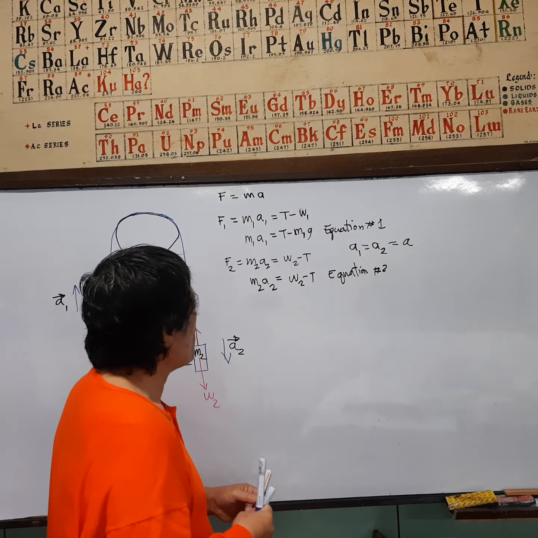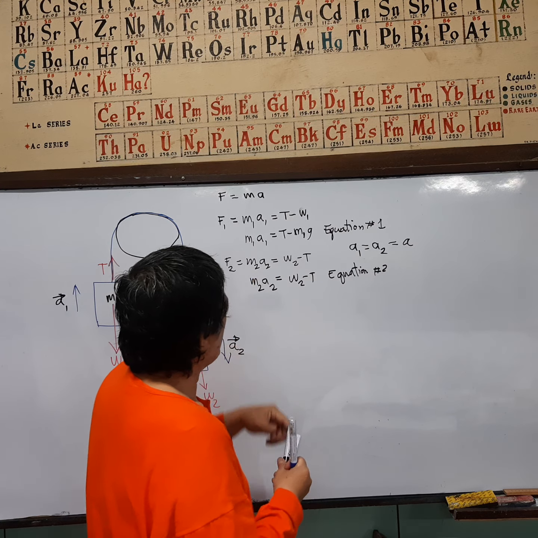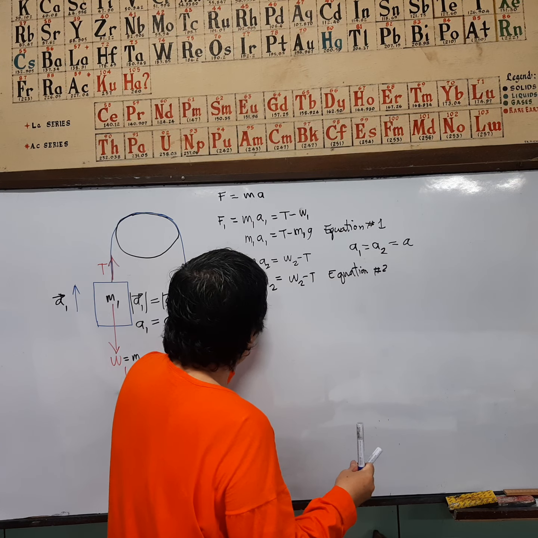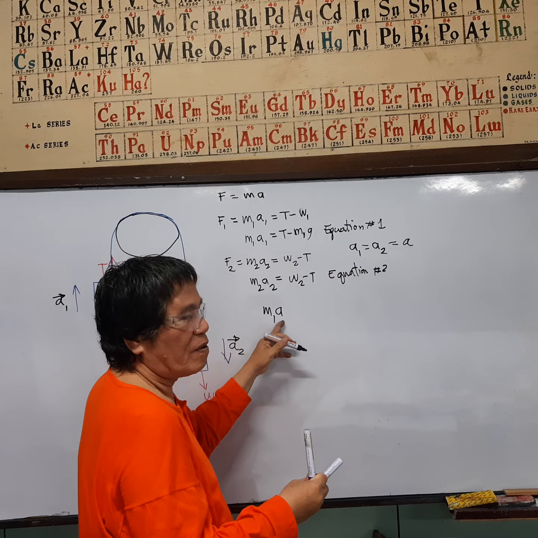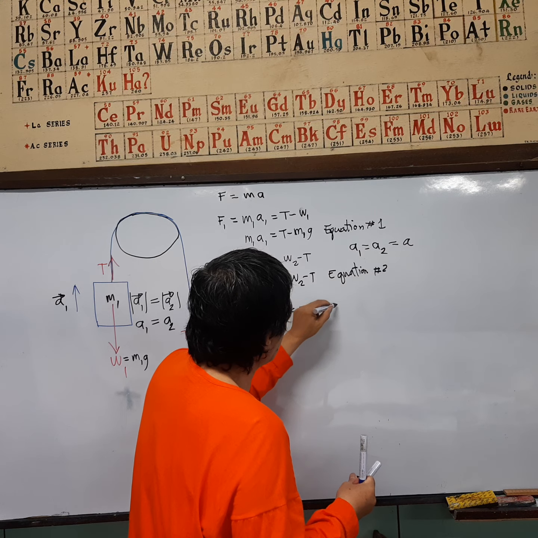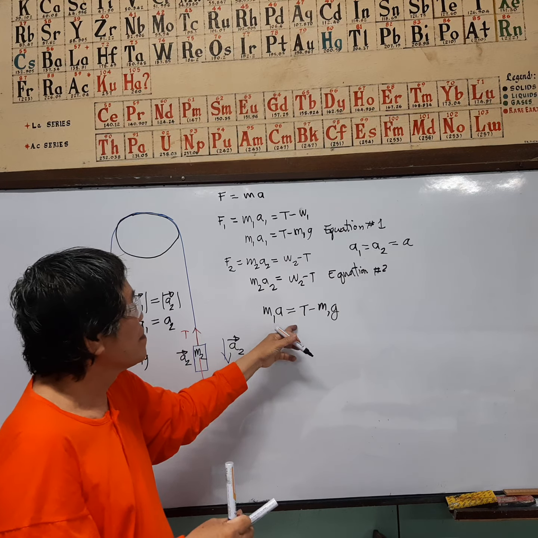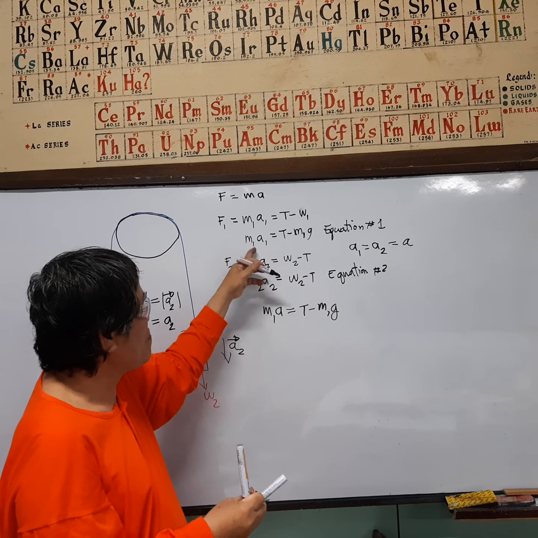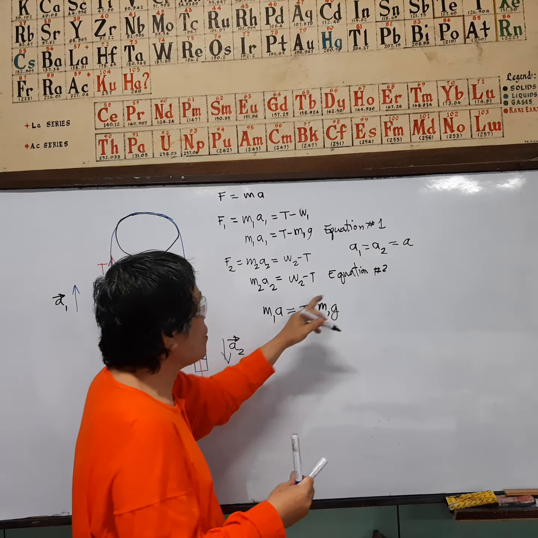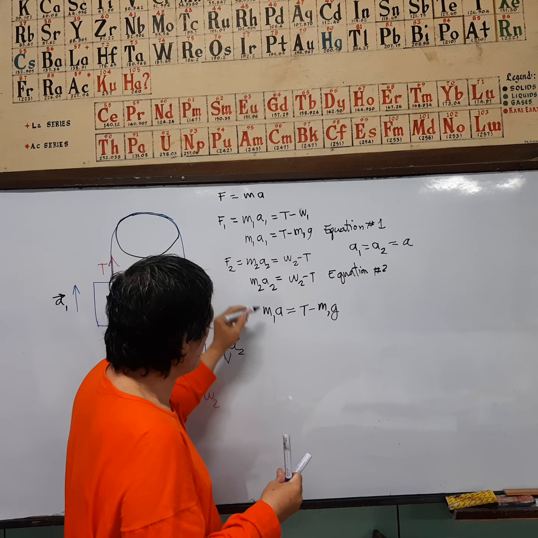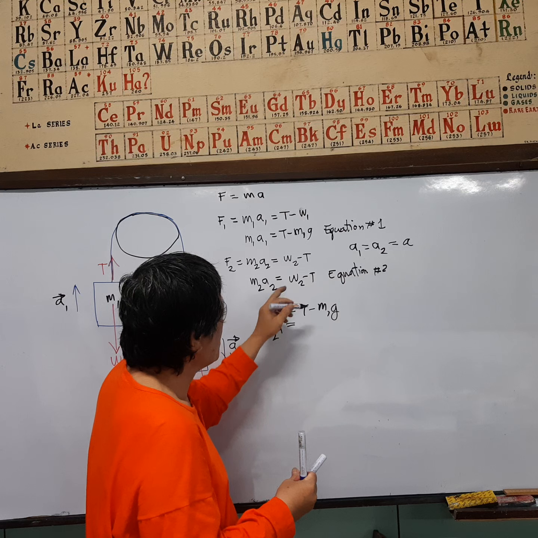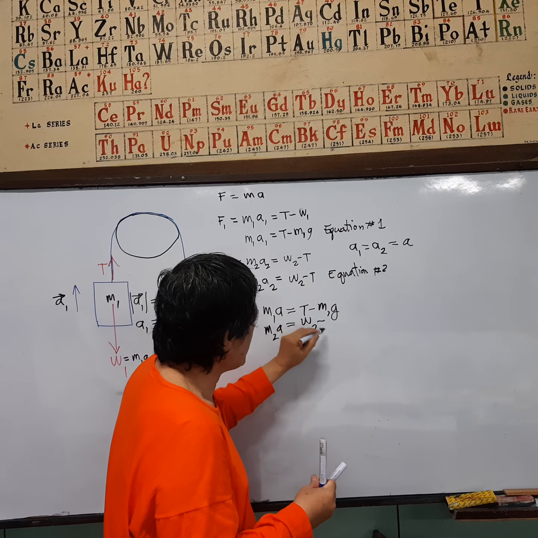Okay. So therefore, from equation 1, you will have here M1A, no more subscript 1, is equal to T minus M1G. This is equation 1. For equation 2, you have M2A, no more subscript, equals W2 minus tension.